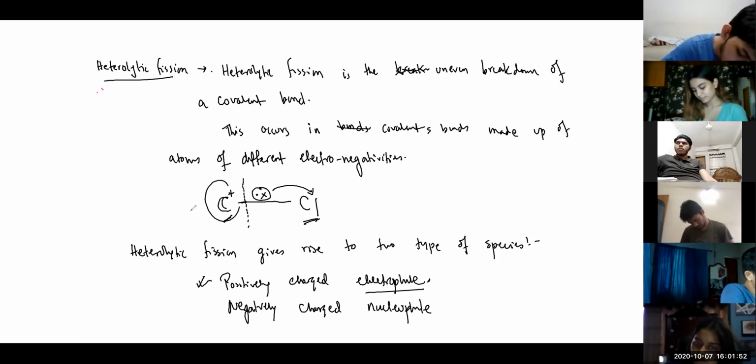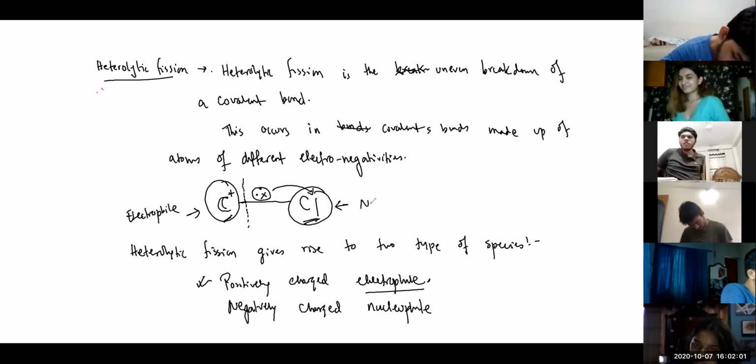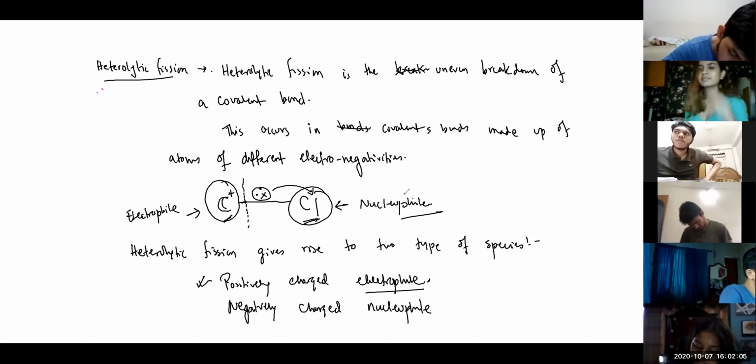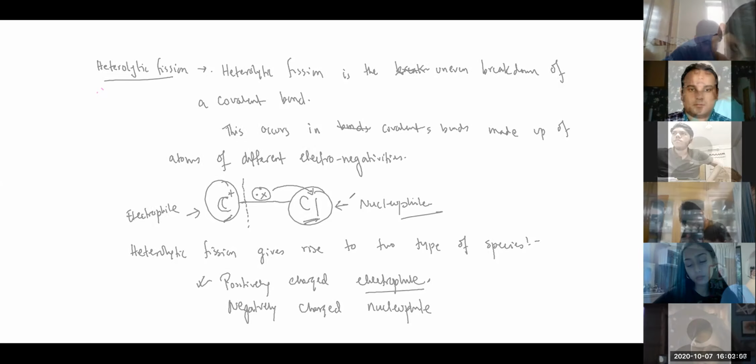So this carbon is the electrophile, and this carbon is the nucleophile. This one carbon, not the chlorine. So now, positively charged electrophile.